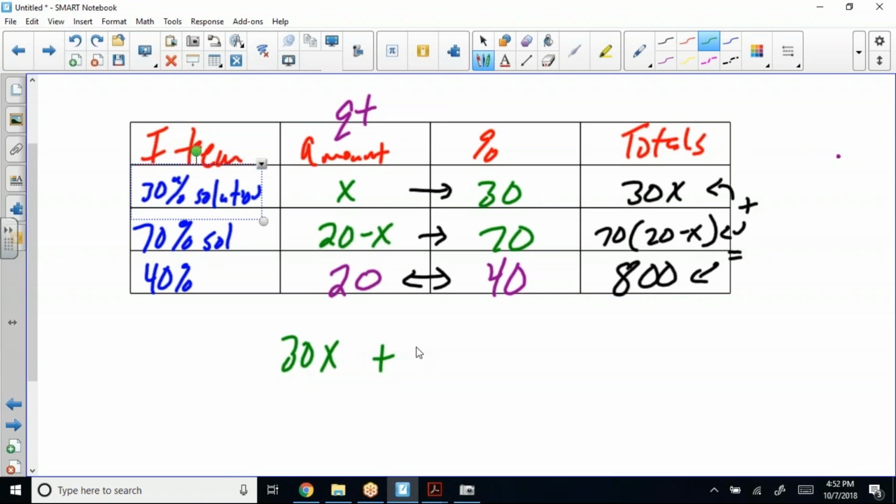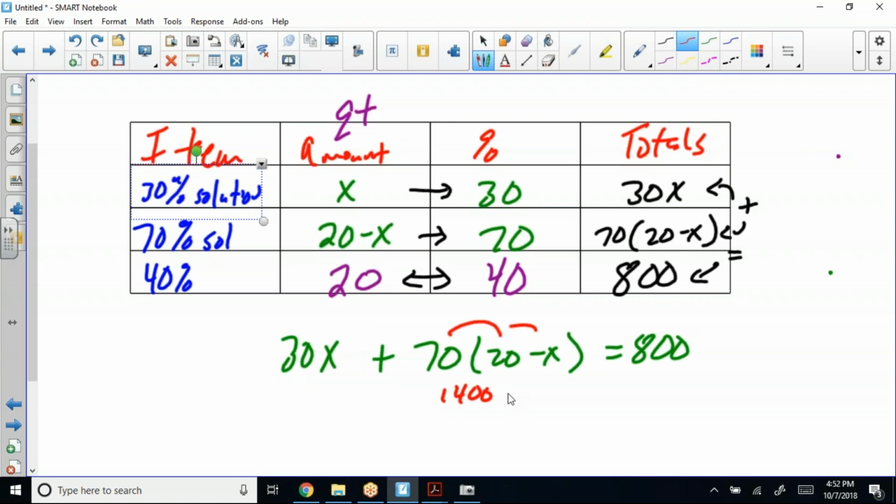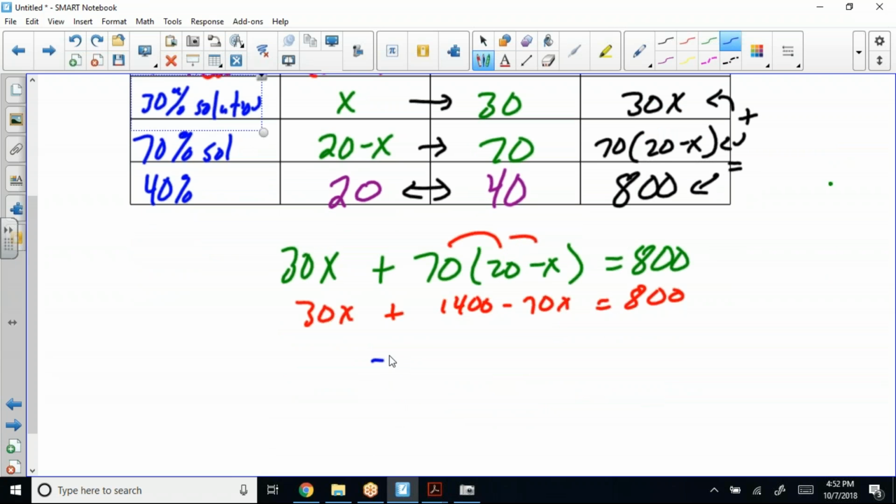So I set it up: 30X plus 70 times 20 minus X equals 800. If we distribute, that's 1400 minus 70X equals 800. Then we combine like terms: negative 40X plus 1400 equals 800.